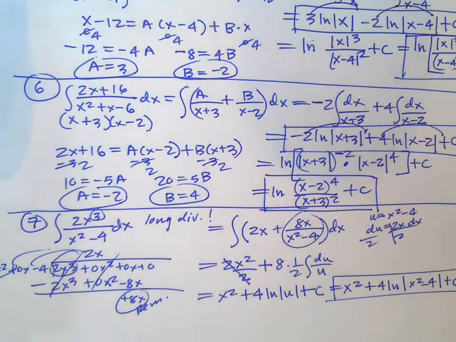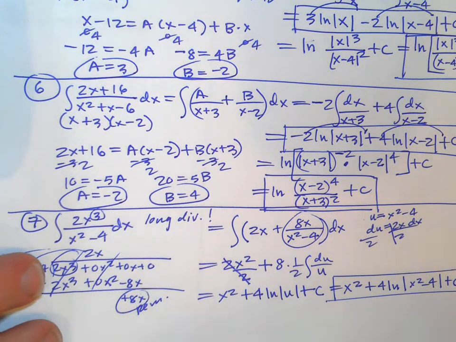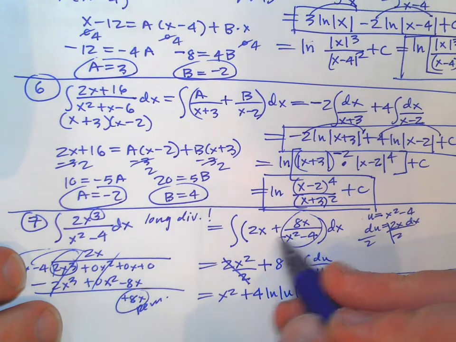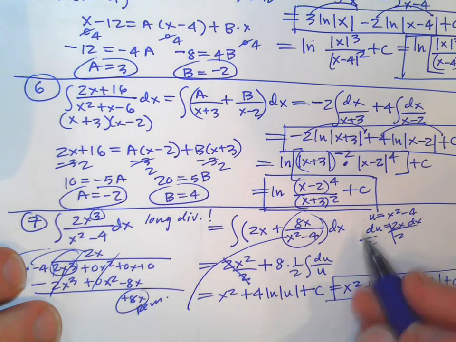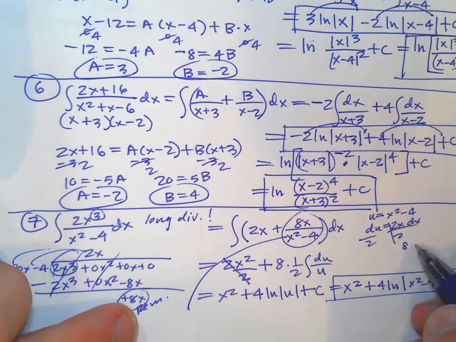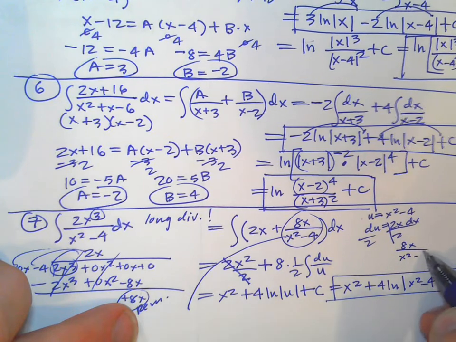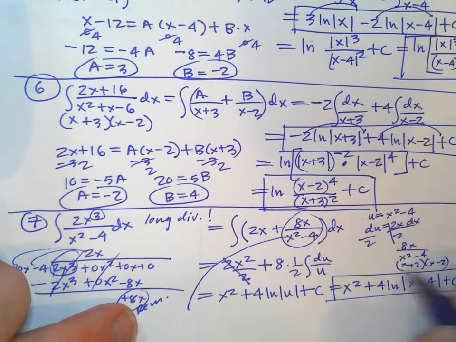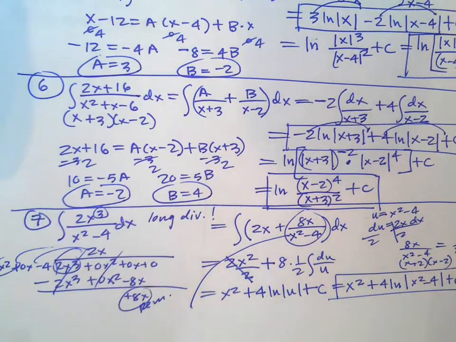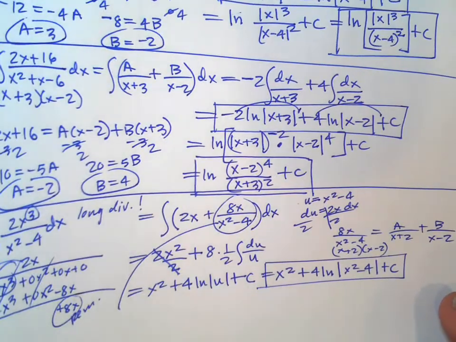Now, if you really want, you could do partial fractions instead of U-substitution. It's way more work. So we could say 8x over x squared minus 4, that would be (x plus 2)(x minus 2). So that would be A over x plus 2 plus B over x minus 2. I'm recommending you don't.